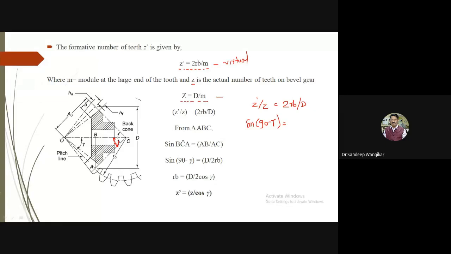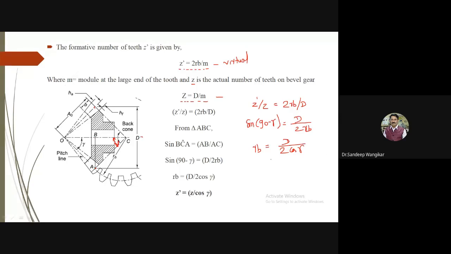AB is nothing but D by 2, because the complete distance from this point to this point is D, and AB is the 50% part of this. And AC is nothing but RB. So RB is equal to D by 2 sin 90 minus gamma, which is nothing but cos of gamma.